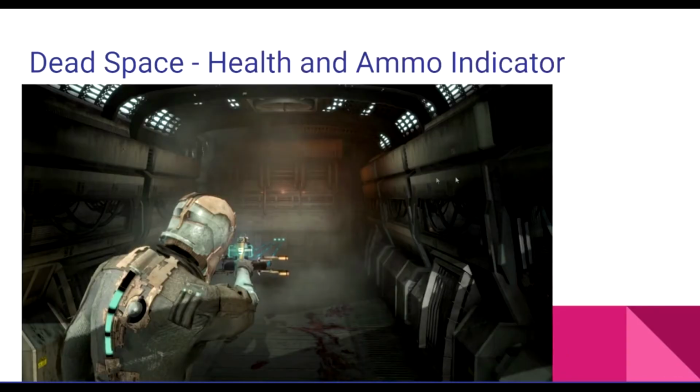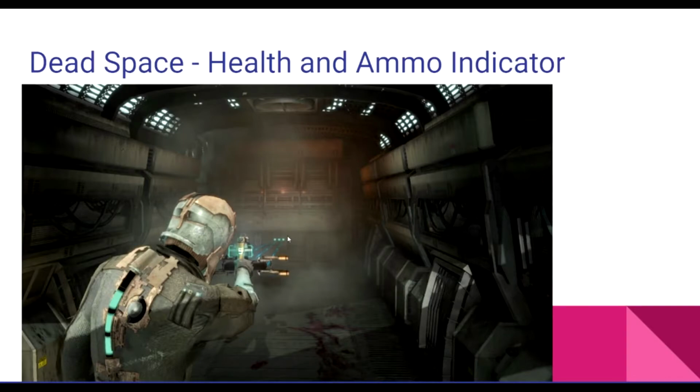So in Dead Space here, like I was saying, there's the health indicator on the back. I'm not sure if you can see my cursor. So the health indicator on the back, and then this weapon indicator, both the ammo and the aiming reticle.